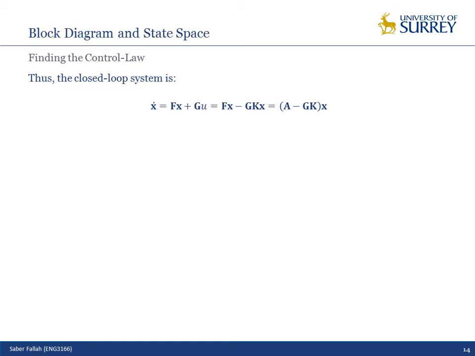For the controlled one, sorry, I made a mistake. Here is F. It's F minus GK. I made a notation mix-up. Some references use the notation A, B, C, D. Some of them use the notation F, G, H, J. Here, A is F.